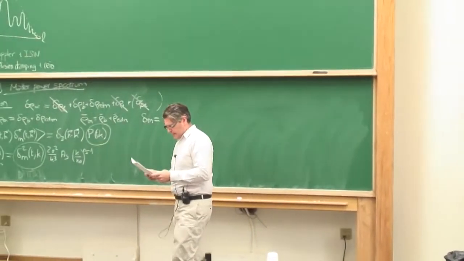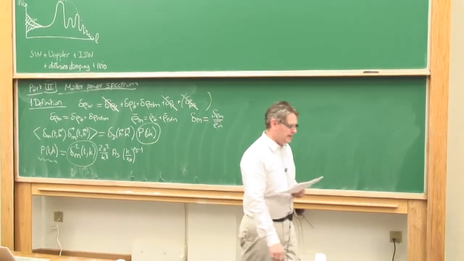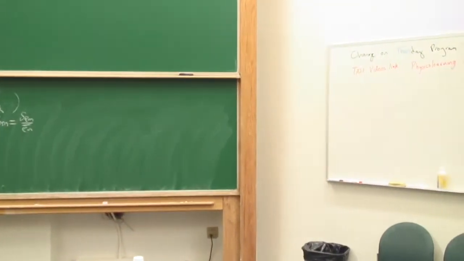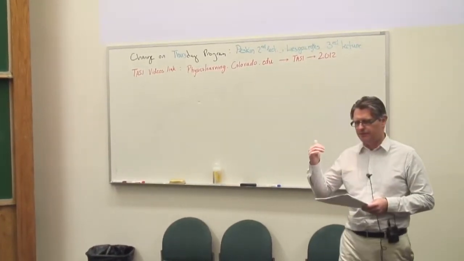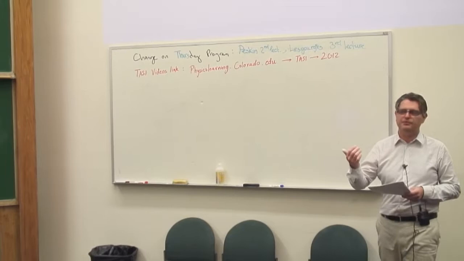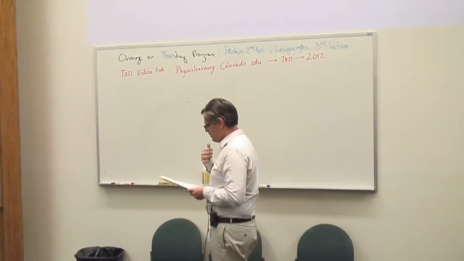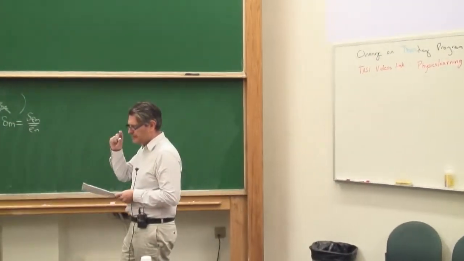So, this quantity can be observed indirectly in many ways. And this is the duty of Shirley to explain it next week. You can see it indirectly with galaxy surveys, modulo a factor called the bias, or with weak lensing surveys, or with Lyman alpha forest absorption in quasar spectra.